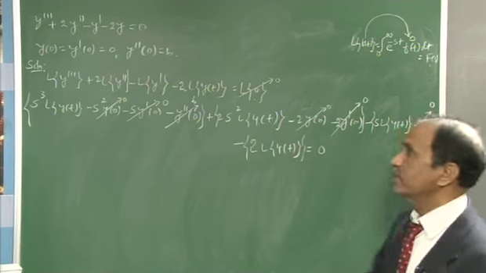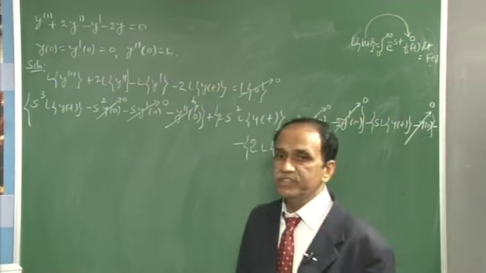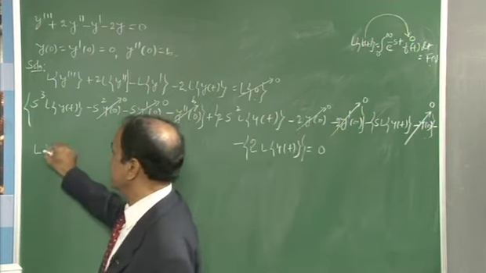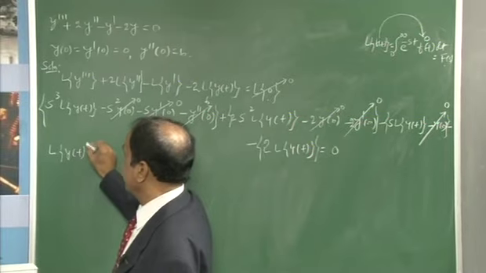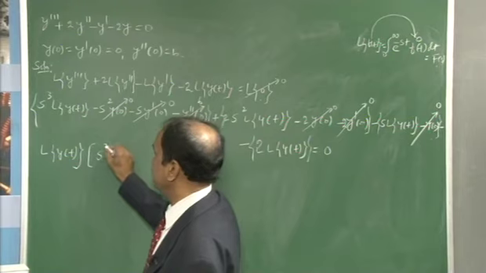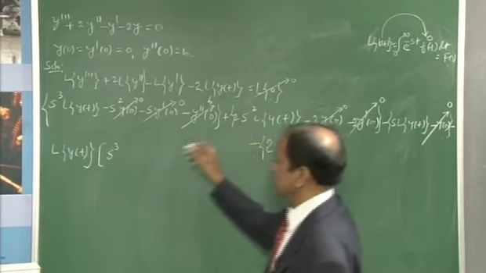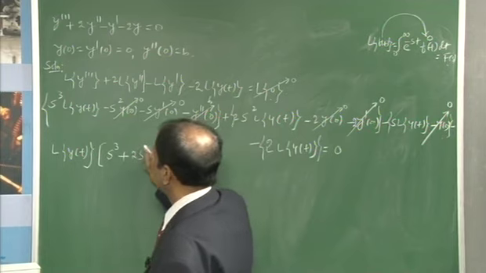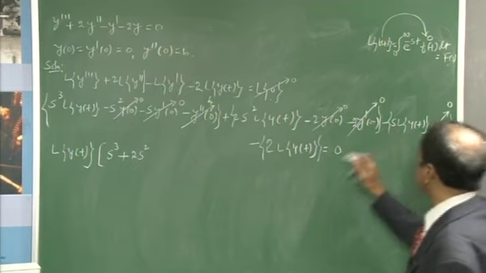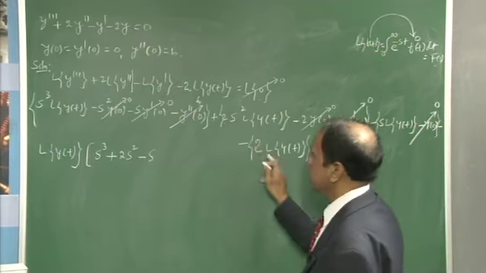Now carefully take the correct simplification by making common coefficients from the Laplace transform, L of y of t, which we can keep outside. L of y of t is multiplied by s cube, the next term is 2s square, then minus s, and the next term is minus 2.